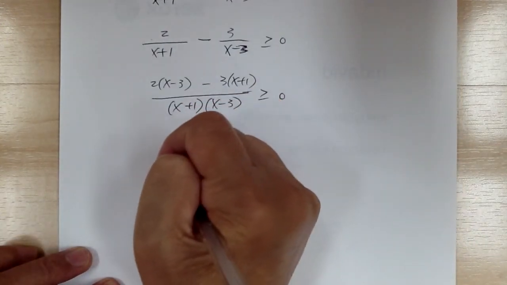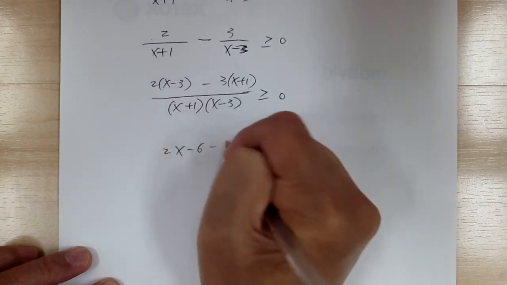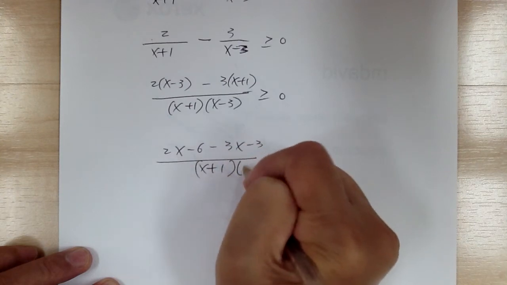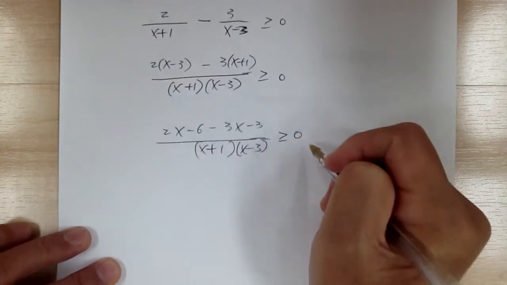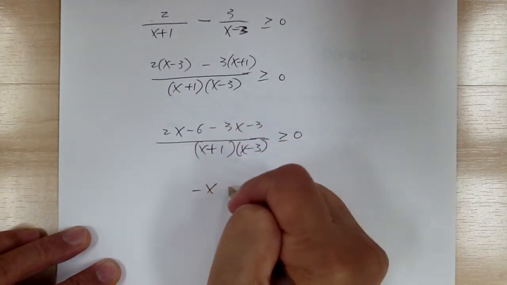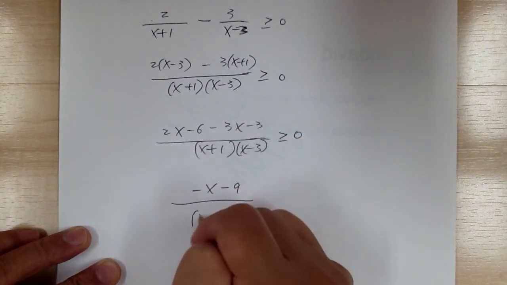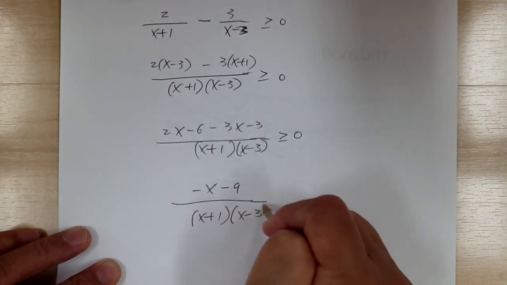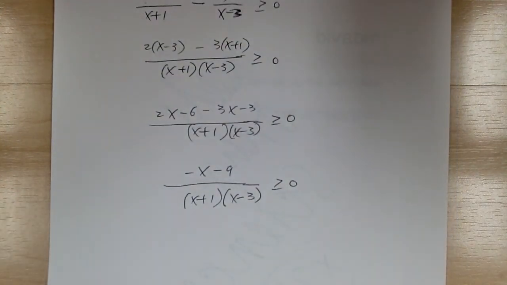Then you simplify, so you get 2x minus 6 minus 3x minus 3 over x plus 1, x minus 3, greater than or equal to 0. And you simplify further, you get -x minus 9 over x plus 1, x minus 3, greater than or equal to 0.